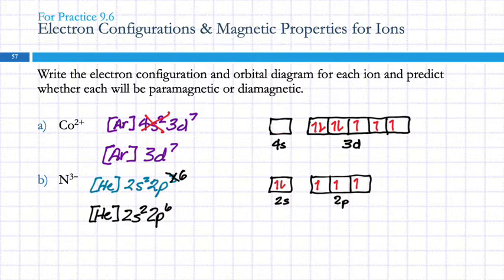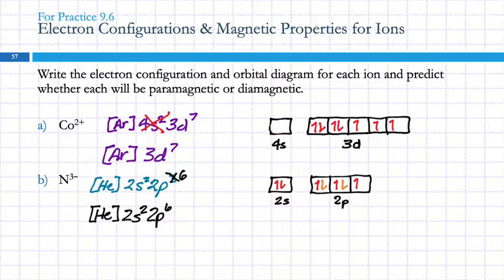And over here, if we're going to add 2 electrons, where do they go? They also go in the 2p, so this one pairs up and that one pairs up. So those are the configurations for the ions.